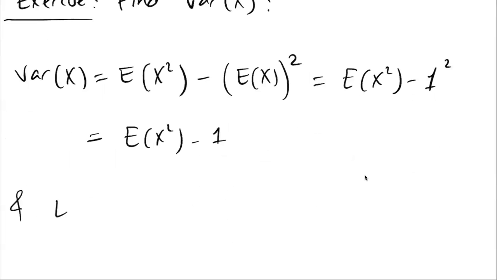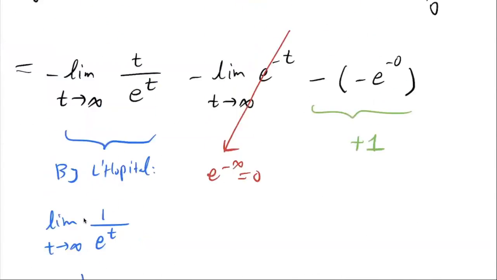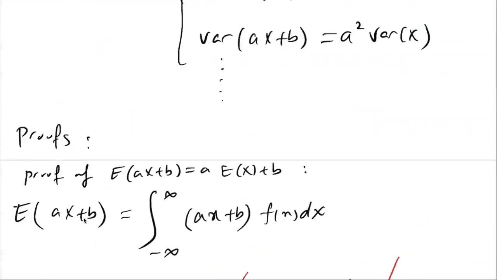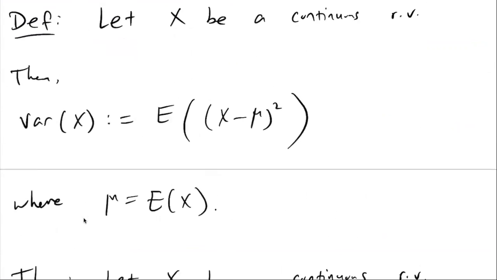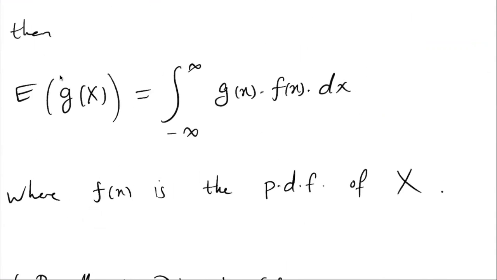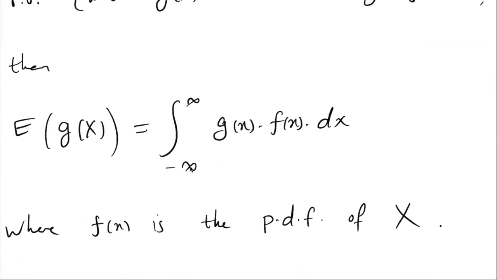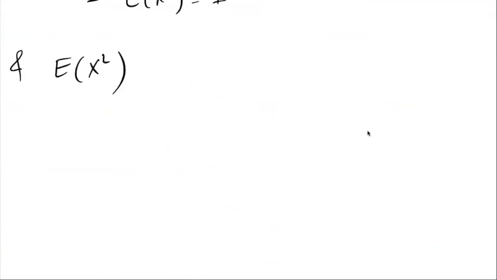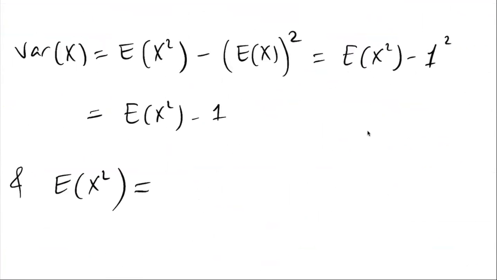And for the expected value of x squared, how do we calculate it? Well, we know that the expected value of g of x can be found using this theorem. In the continuous case, it's the integral of g of x times f of x dx. In this case, g of x is x squared. So the integral from minus infinity to infinity of x squared times f of x dx.